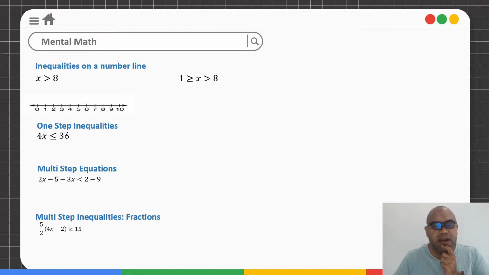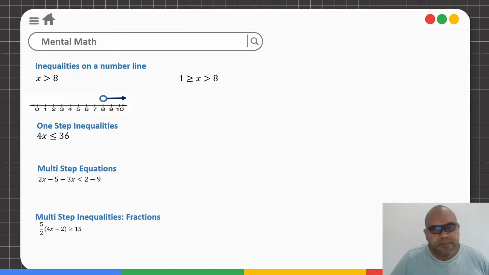Then I put my number line here, and I'm looking for numbers greater than 8, but is 8 a part of this? Is it a strict inequality? Yes, it is a strict inequality. It's not part of the group, okay? Then it is an open circle on number 8, and the arrow moves to the right because I'm looking for results greater than 8.